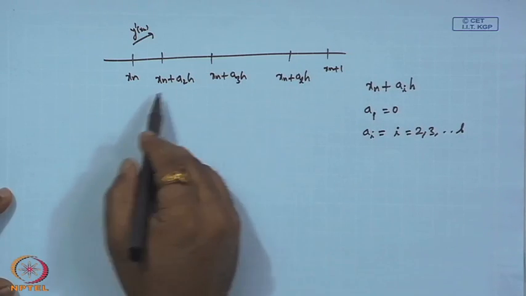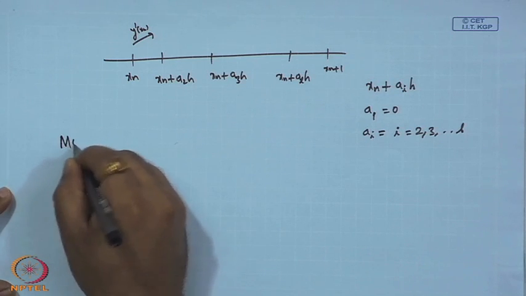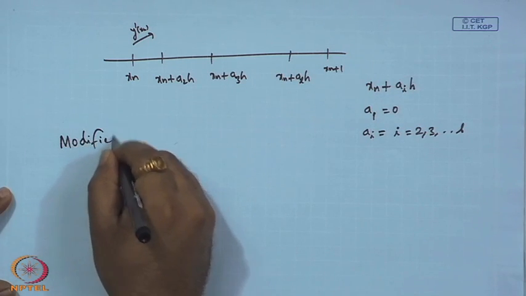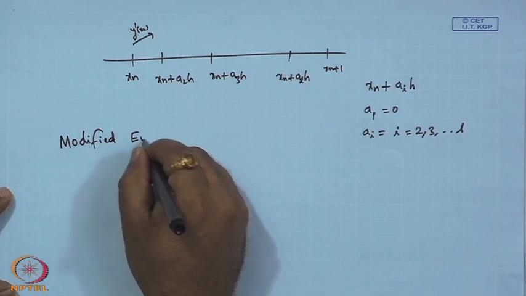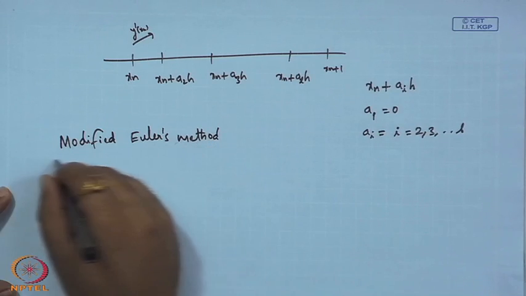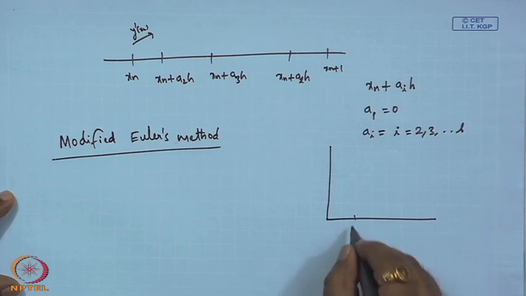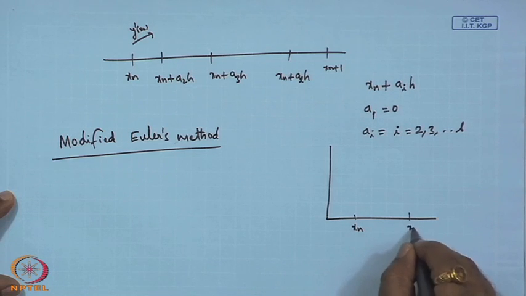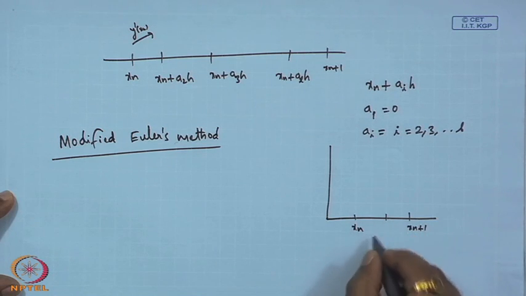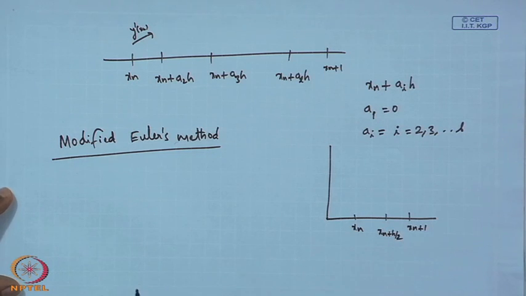So, let us see a simple case in this, namely modified Euler. So, this is x n, then you pick up x n plus h by 2. So, from where you are getting x n plus h by 2?